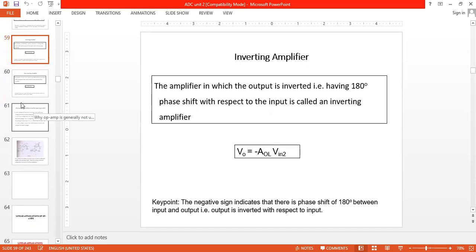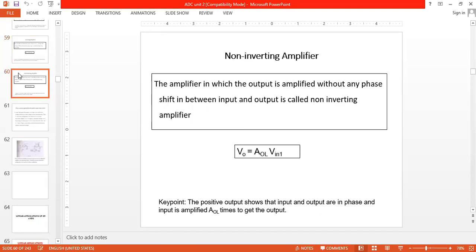That means if we give an input sine wave, the output will have a 180-degree phase shift. Same as the non-inverting amplifier, there is no phase shift, but it will be amplified. That is the amplifier in which the output is amplified without any phase shift between the input and output, called non-inverting amplifier. That is VO is equal to AOL into VD.